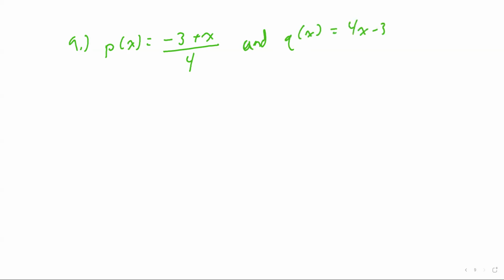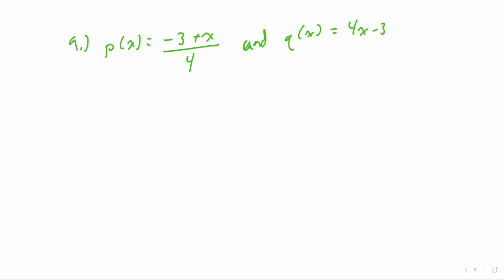So this is number 9. We'll say P of x equals negative 3 plus x over 4, and Q of x equals 4x minus 3.